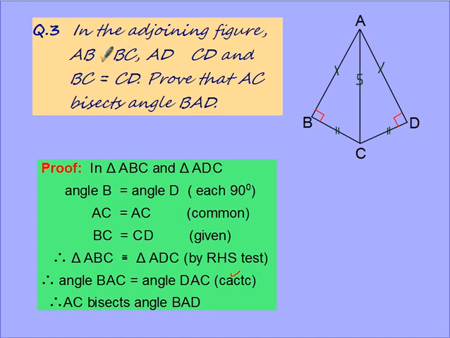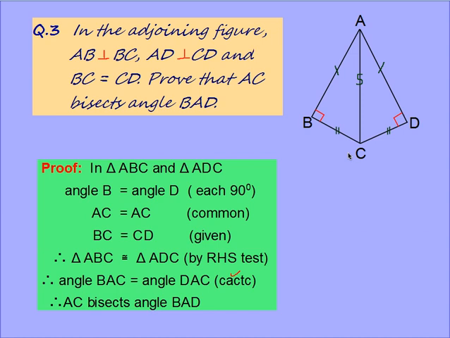As I told you, perpendicular is one sleeping line and one standing line, or you can say a reverse T. So this is given in the question: AB is perpendicular to BC and AD is perpendicular to CD. It means these two angles are given equal, 90 degrees. And then they say BC is equal to CD. Prove that AC bisects angle BAD.